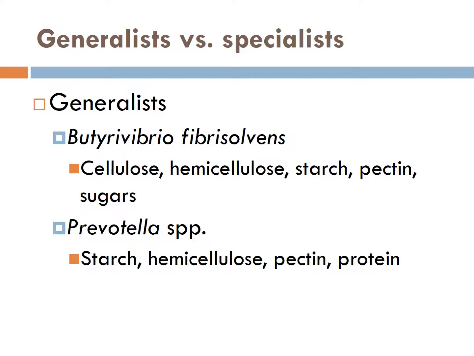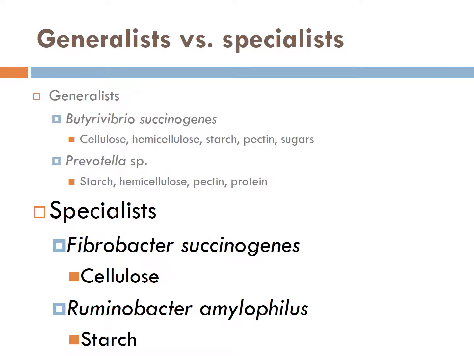For example, we mentioned that Prevotella uses hemicellulose in one slide, and it's only in another slide that we mentioned that they use protein. But don't let the broader concept escape you that some bacteria are capable of using multiple substrates. There are other bacteria that are specialists, like Fibrobacter succinogenes, which uses cellulose, and Ruminobacter amylophilus, which uses starch. These are the only substrates that these bacteria use.